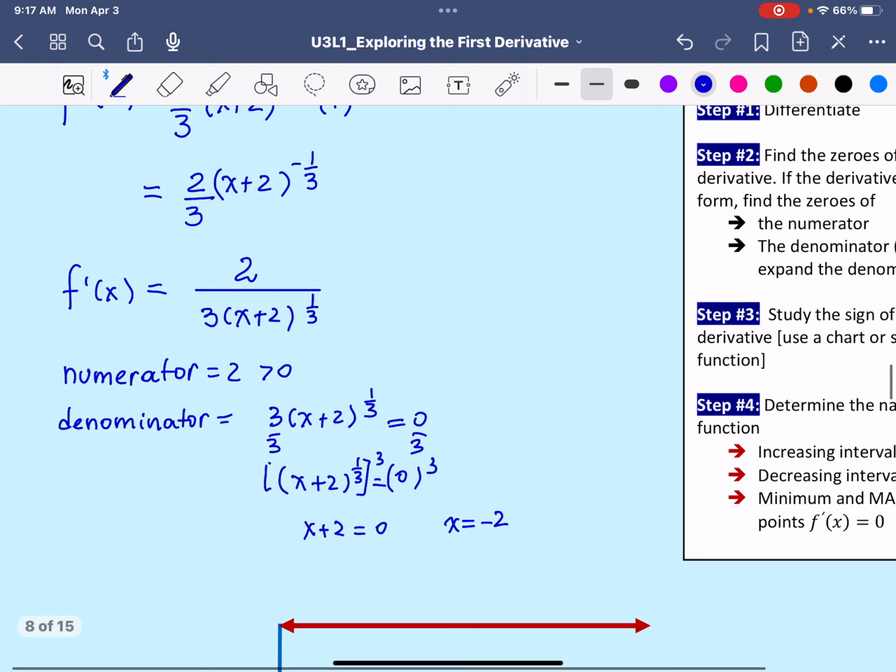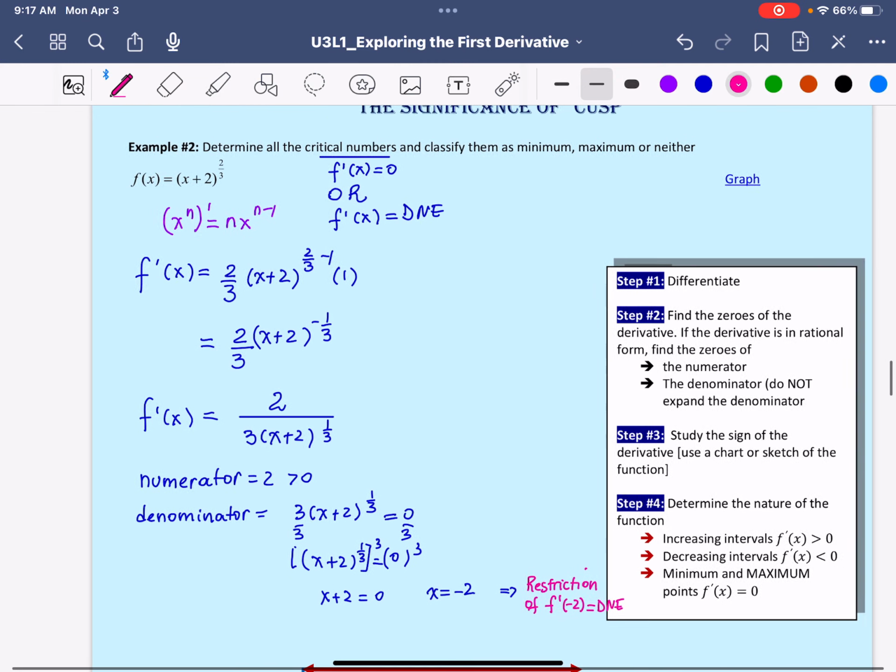In the meantime, this is also a restricted value, a restriction of the derivative f prime. In other words, f prime at negative 2 doesn't exist, so it is undefined.